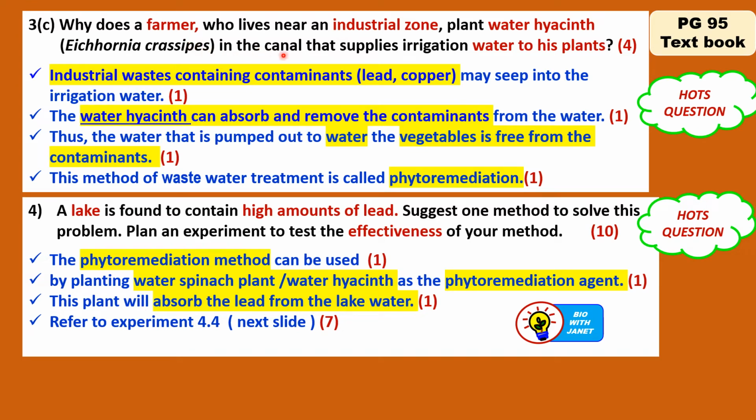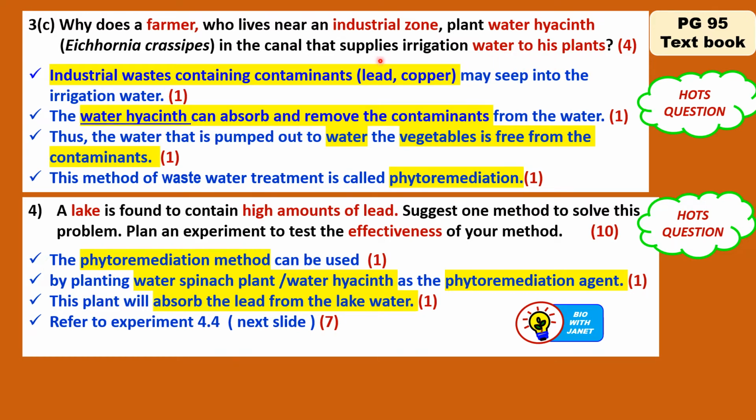So this farmer lives near an industrial zone that may produce industrial wastes that may be removed and deposited in the water, okay, in the water supply. So he planted water hyacinth in the canal, that is the type of drain that supplies irrigation water to his plants. What's the reason for planting the water hyacinth?